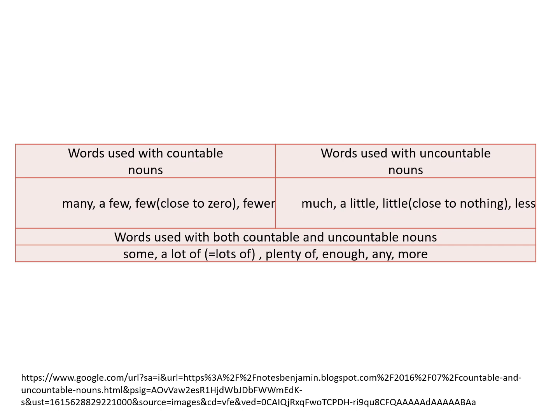Words used with uncountable nouns: much, a little, also close to nothing, and less. Words used with both countable and uncountable nouns: some, a lot of or lots of, plenty of, enough, any, and more.